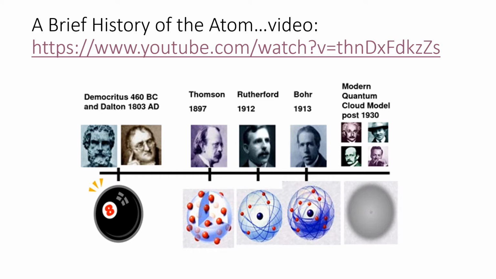You've got Thomson in 1897, Rutherford in 1912, Bohr in 1913, so all of that's relatively close together. And then you've got a bunch of contributors to the modern quantum cloud model, which is still kind of what we're currently working with. All of these things fit onto a little timeline specifically going through their discoveries on page 94 for your notes. So make sure that you pause this and write down the names if you haven't gotten them down yet.